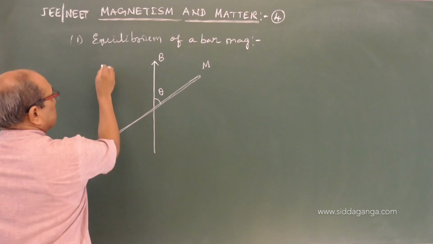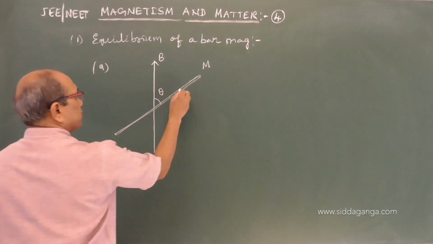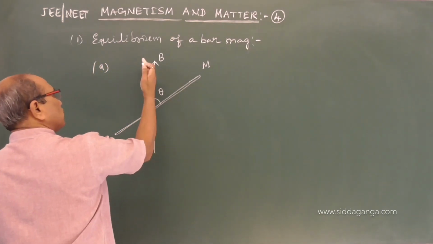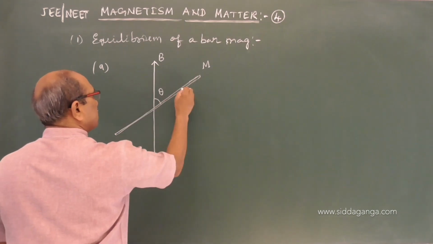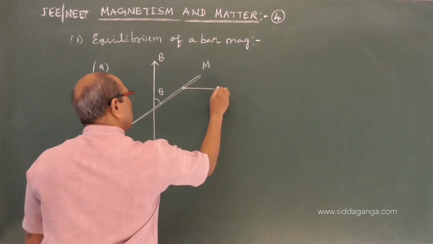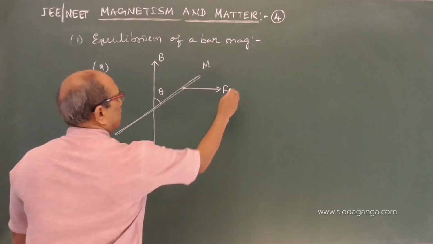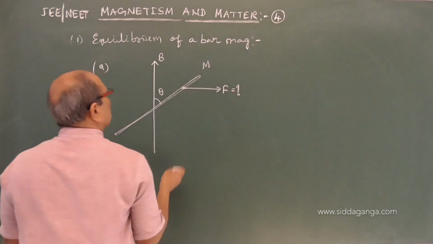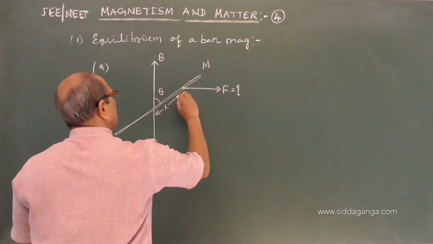I can keep it in this position because otherwise, if I leave it, it comes to B. But this tendency I cancel by pulling it with a force F. What is the force required here if this distance is x?